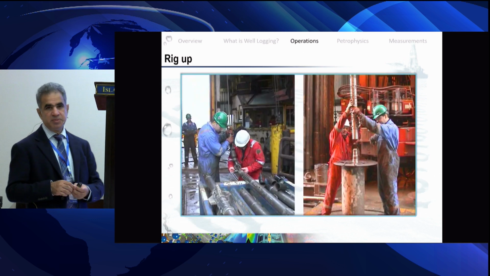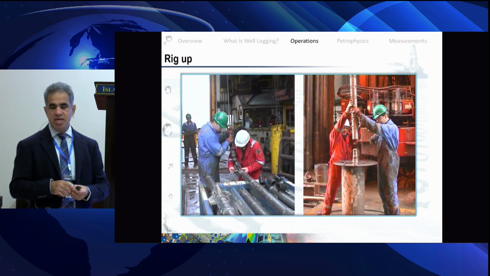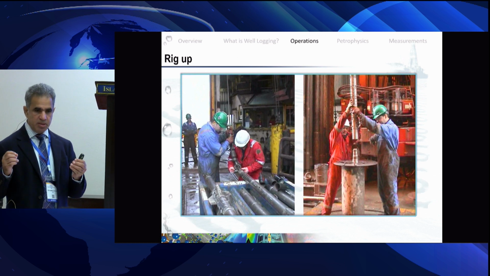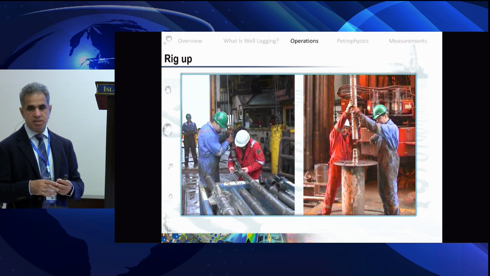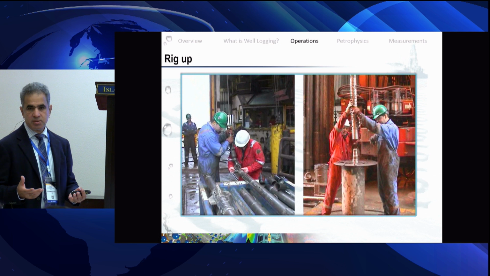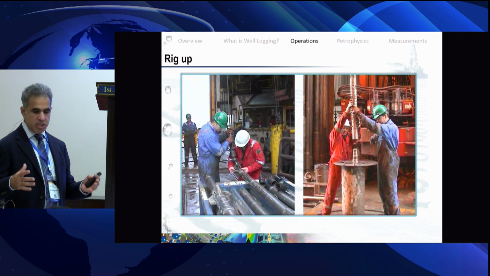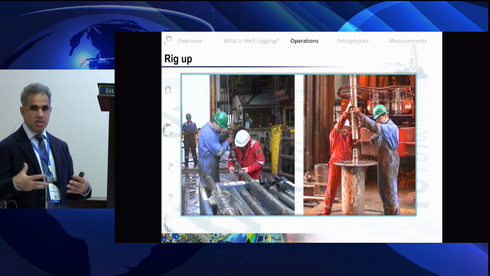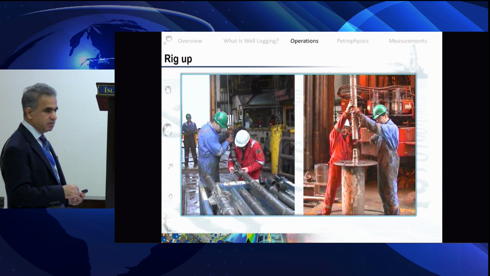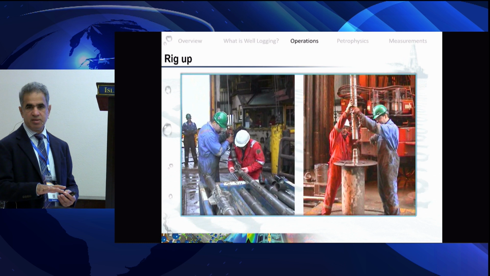Rig up is the term used when the logging operation is about to start. The field engineer prepares the tools. Basically, the tool is in different parts, you assemble them together, and then you check the functioning at the well site before lowering into the borehole horizontally.